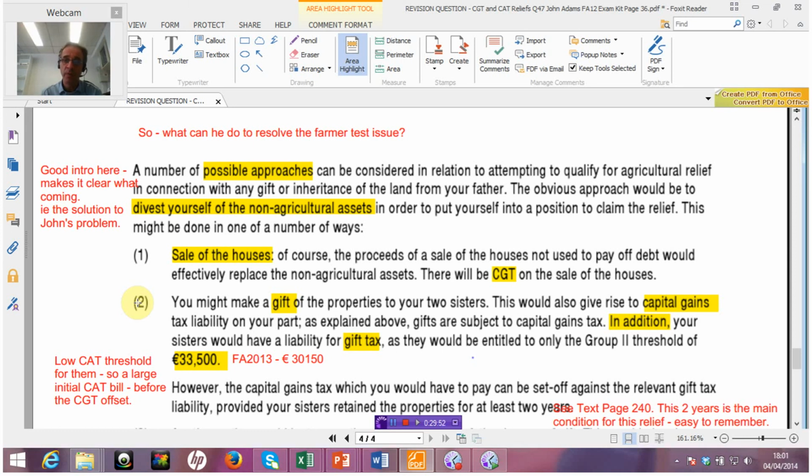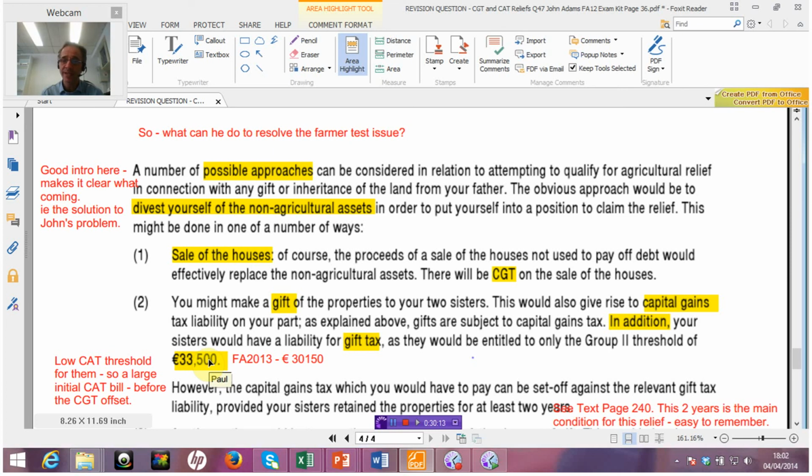Over and above that, obviously gifting, as we know, attracts CAT. Note the change in the threshold there from FA12 to FA13. So taking this option could be a solution, but it could well mean that the family as a whole are going to end up with some sort of bill.